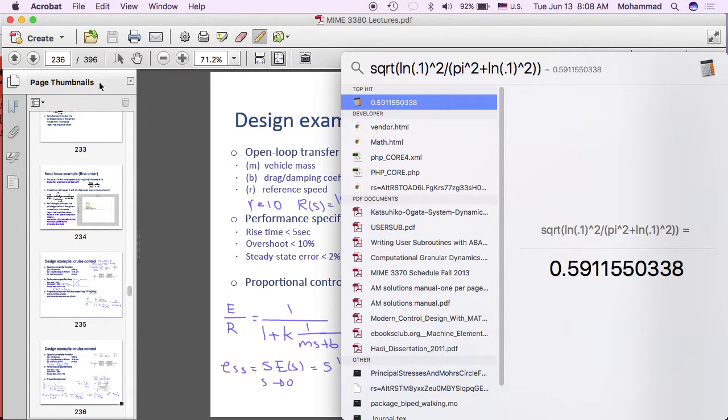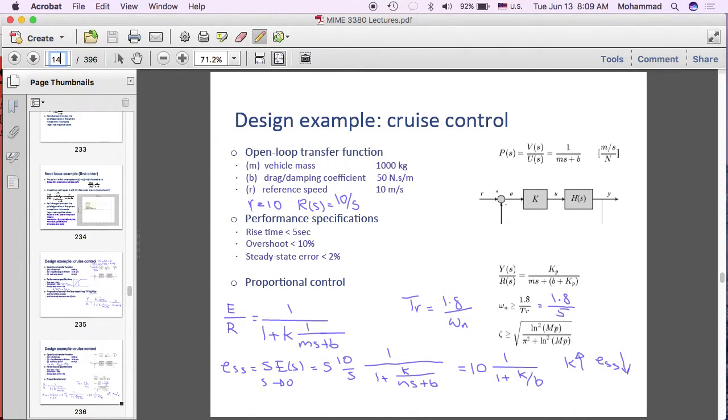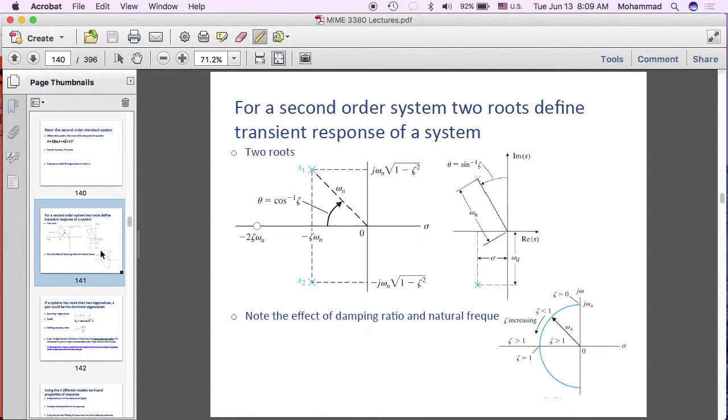Now, if you recall, when we were talking about standard second order systems, I showed you this graph. This graph shows you that as you move the poles from the imaginary axis towards the real axis, the damping ratio increases from 0 towards 1. So therefore, we know there exists a specific line associated with 0.6.